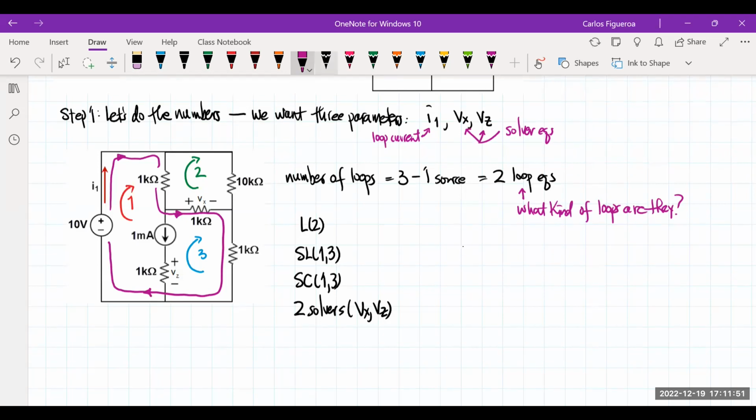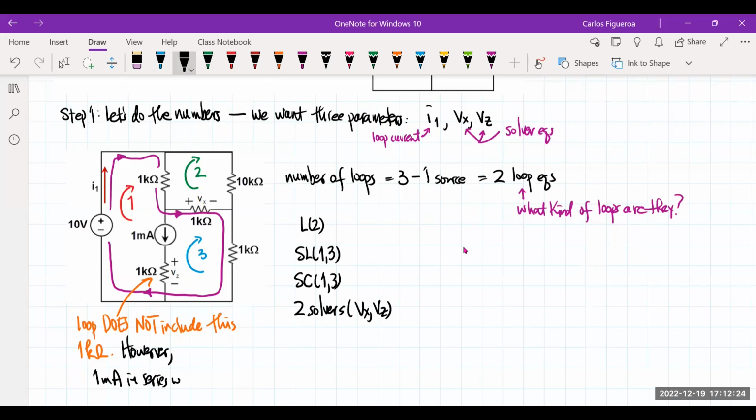So the thing I want you to pay attention to is this. Note that the loop does not include this 1 kilo ohm resistor. However, I have a 1 milliamp in series with a 1 kilo ohm.